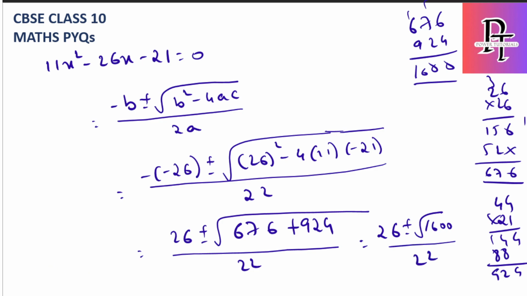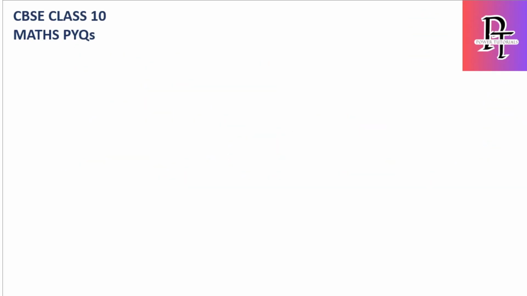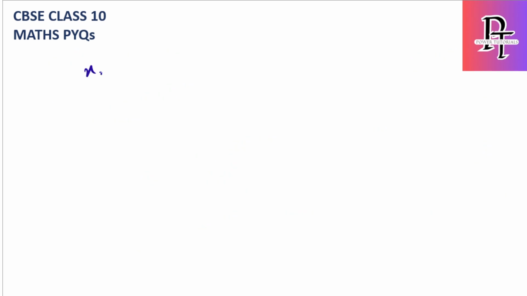So the x1, x2 values are 26 plus 40 by 22, comma 26 minus 40 by 22.